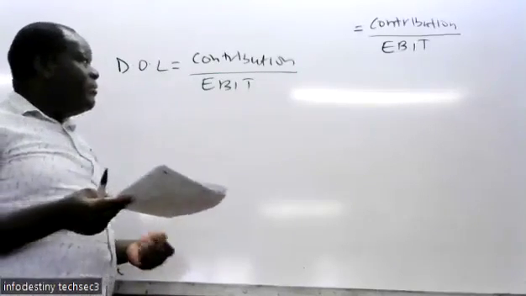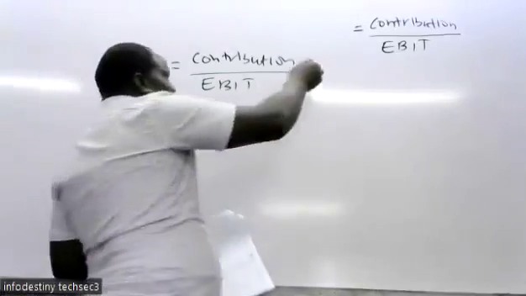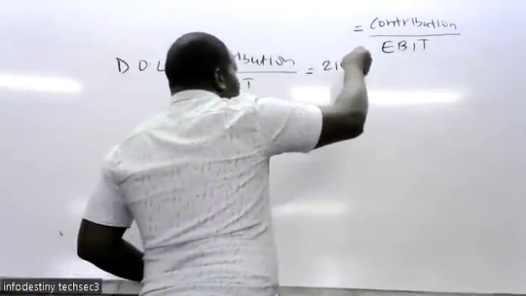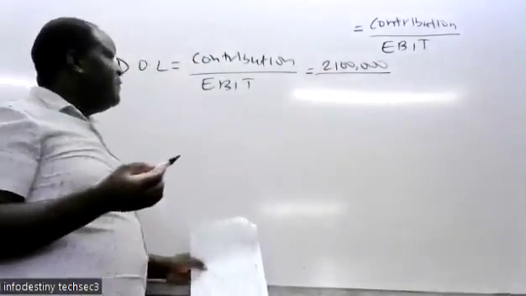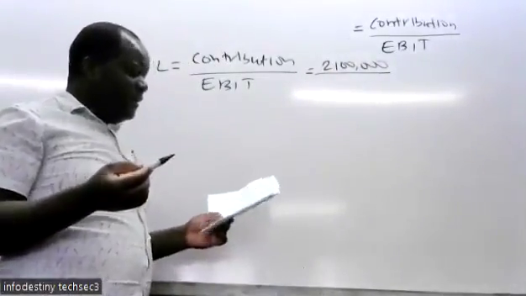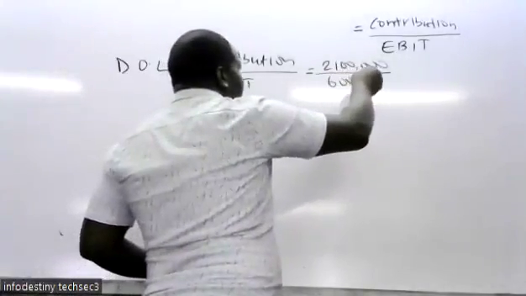The contribution in the question is 1.2 million, and earnings before interest and tax is given as 600.